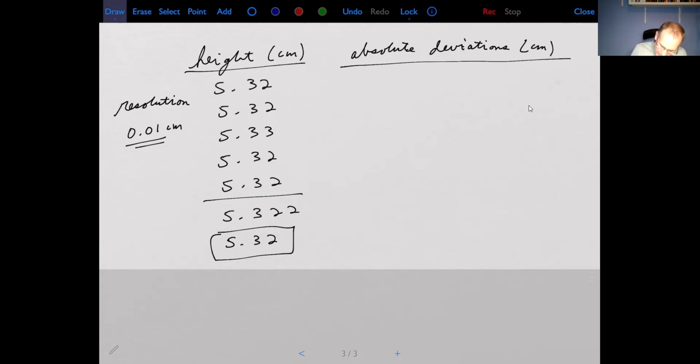You could do it mathematically: take each value, subtract the mean, and then take the absolute value of that. In this case, it's going to be 0.00, the second one will also be 0.00, but the next one is going to be 0.01, then 0.00, then 0.00.